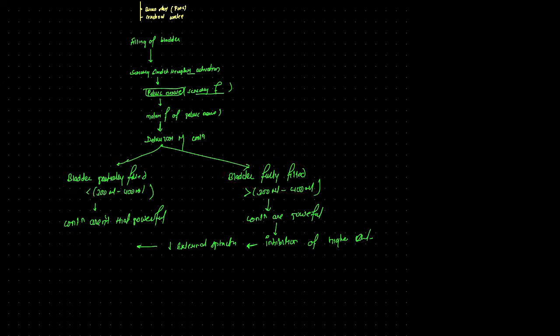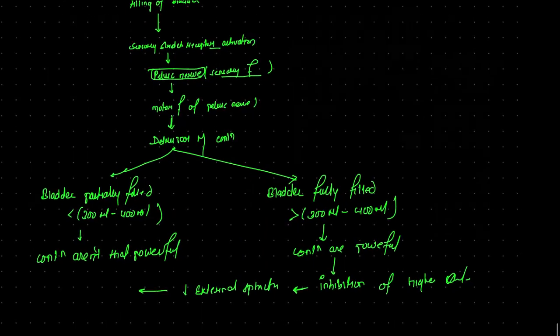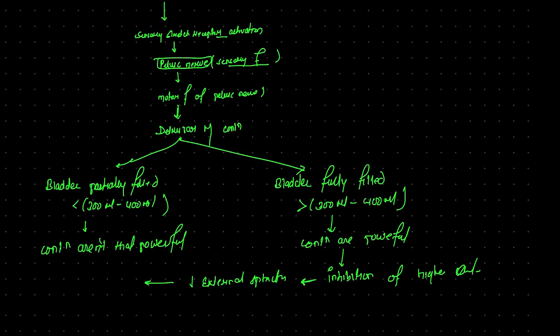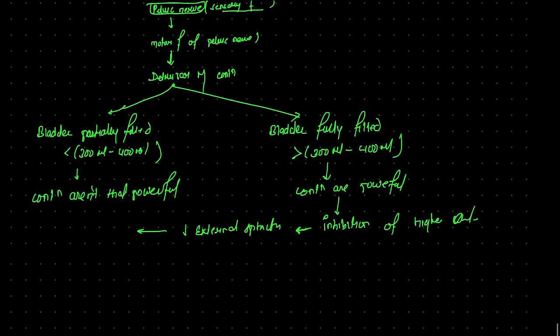Here the bladder was fully filled, there was enough contraction of the detrusor muscle and relaxation of the internal sphincter muscle, but the problem was with the external sphincter. Now as the bladder is completely filled, the contraction is so powerful that there will be inhibition.